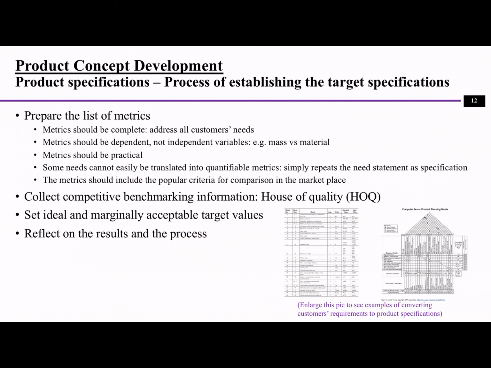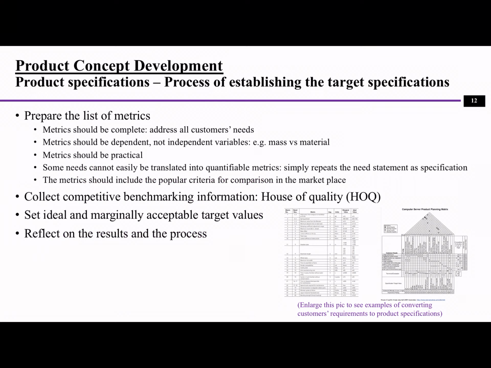For converting those specifications, usually you can come up with a big chart to organize all these metrics, and also come up with the values for each of the metrics. Those kinds of tables or charts vary, but there are typical ones. For example, the house of quality is one. Basically, you list all the customer requirements, and then based on these requirements, it coordinates with different metrics, and then for each of the metrics, you can come up with values.